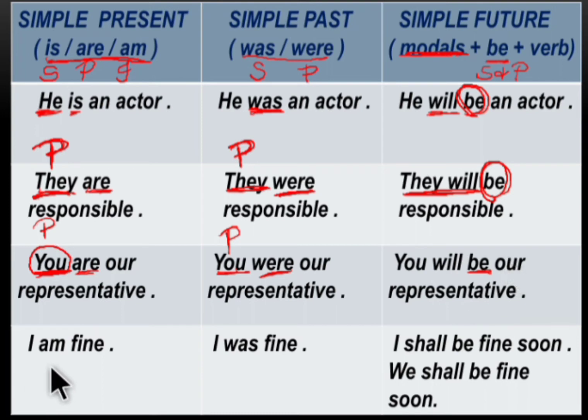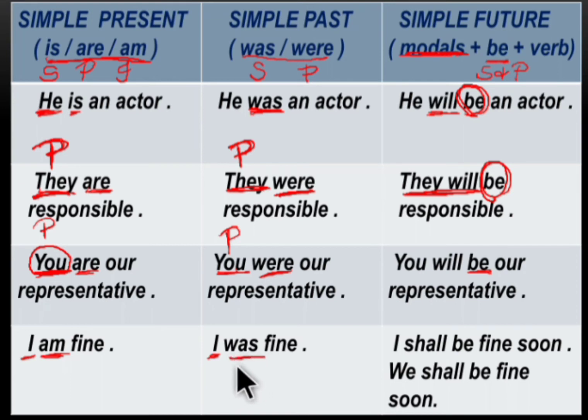The next example: I am fine. Here I is the subject and, as I told you, am is used along with I. So we use the be form of verb am. I am fine. And in the past tense, I is considered to be singular, and so we use was.